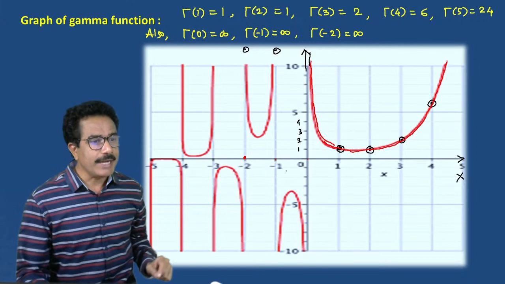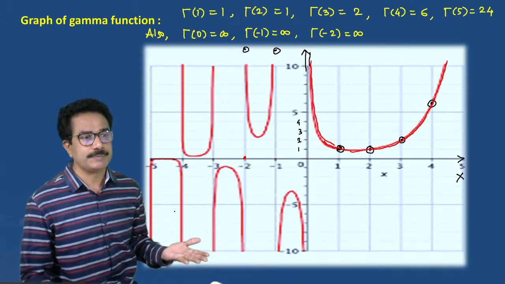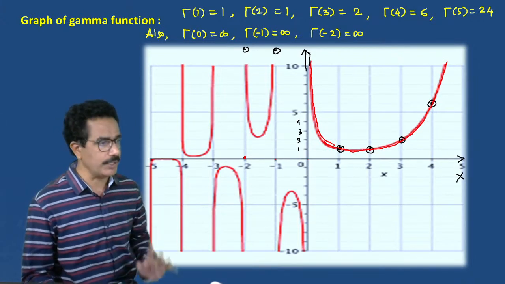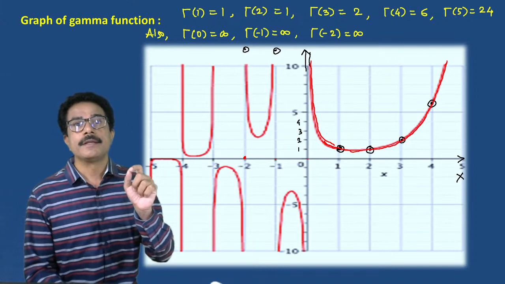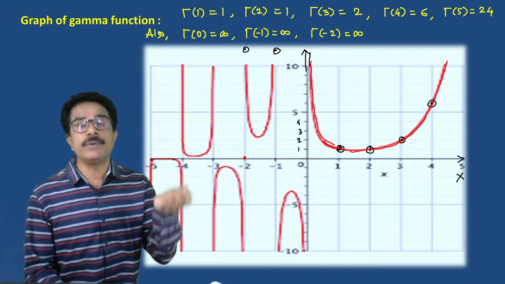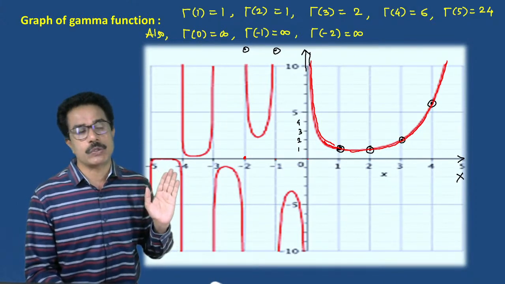But see, this is very important, we can find the values of gamma for non-integer negative and positive numbers also.